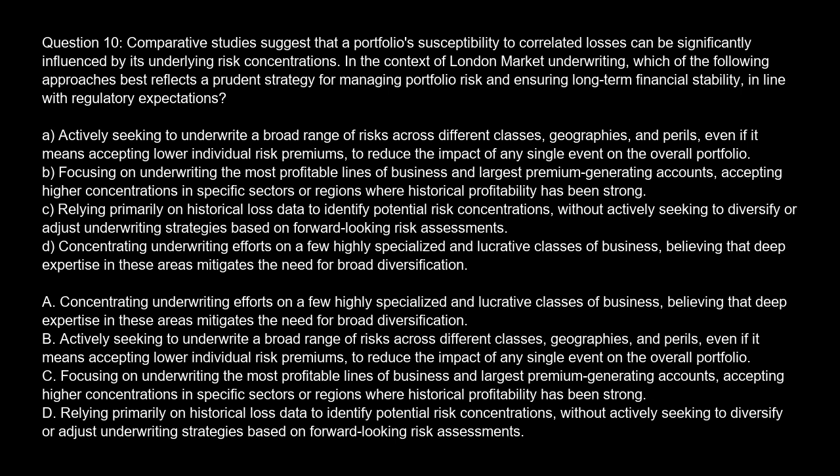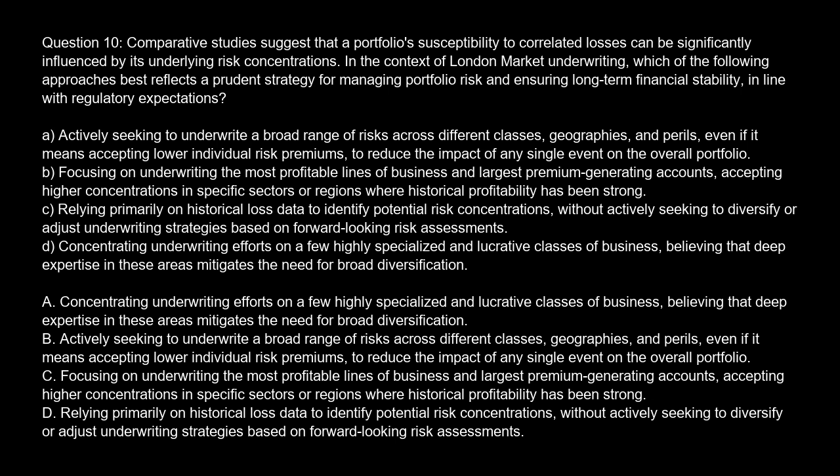C. Relying primarily on historical loss data to identify potential risk concentrations, without actively seeking to diversify or adjust underwriting strategies based on forward-looking risk assessments. D. Concentrating underwriting efforts on a few highly specialized and lucrative classes of business, believing that deep expertise in these areas mitigates the need for broad diversification.